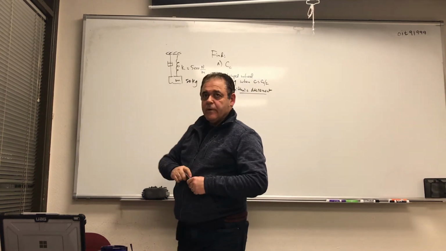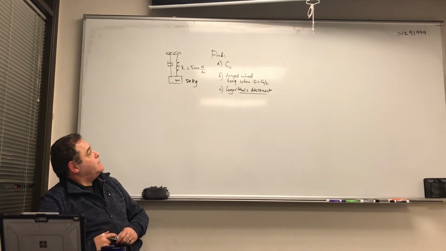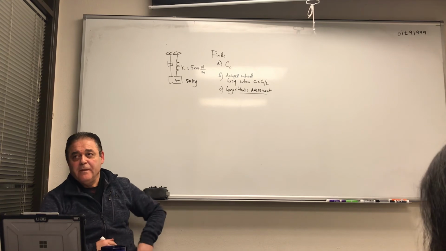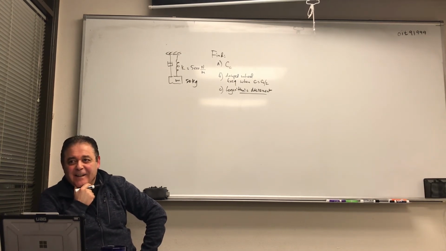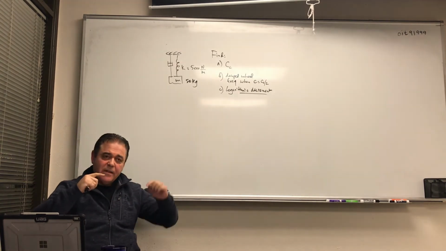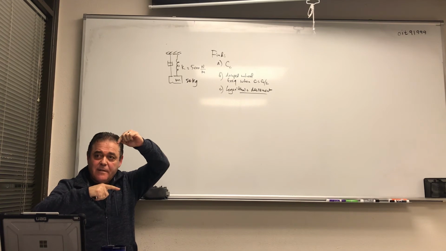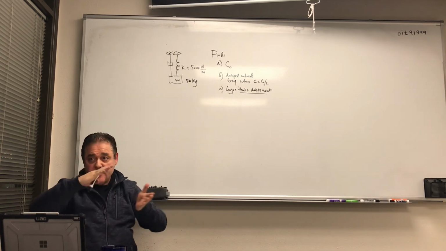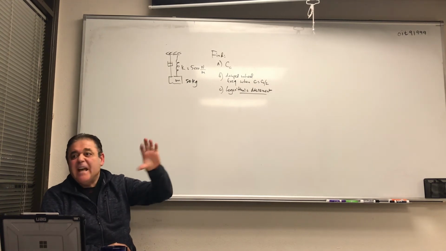Anyone remember what the logarithmic decrement is? Isn't that the attenuation? You look at the logarithm of the first amplitude to the one just next, and it should be decreasing. It tells you, and that is a function of the damping.